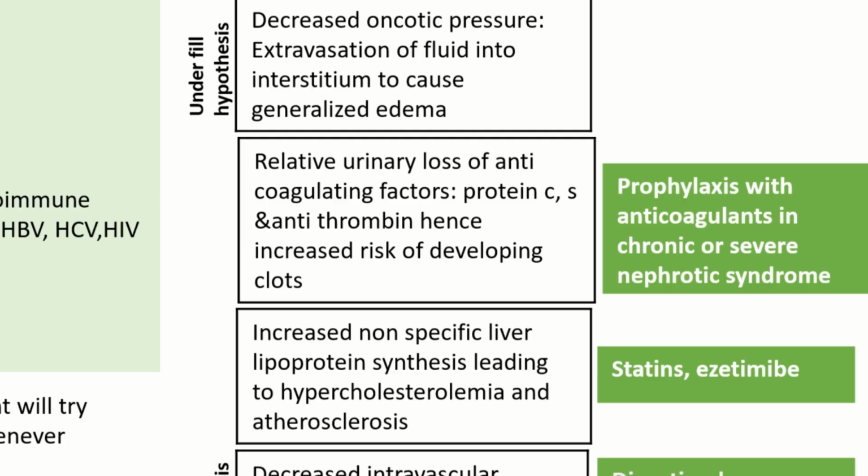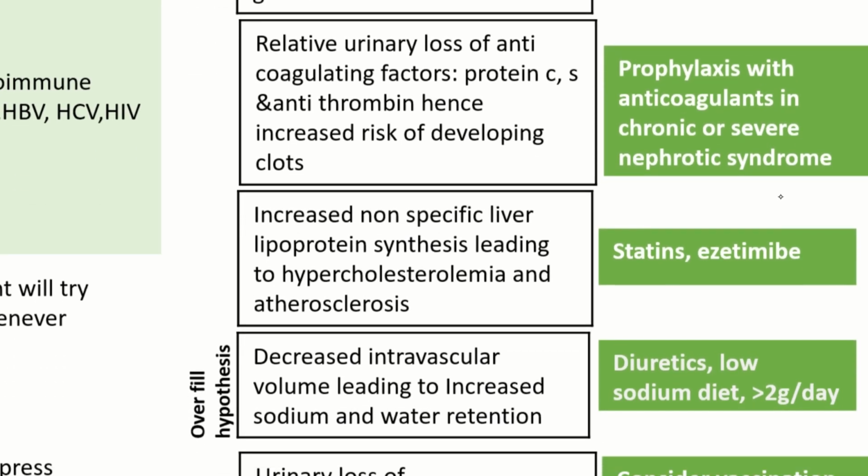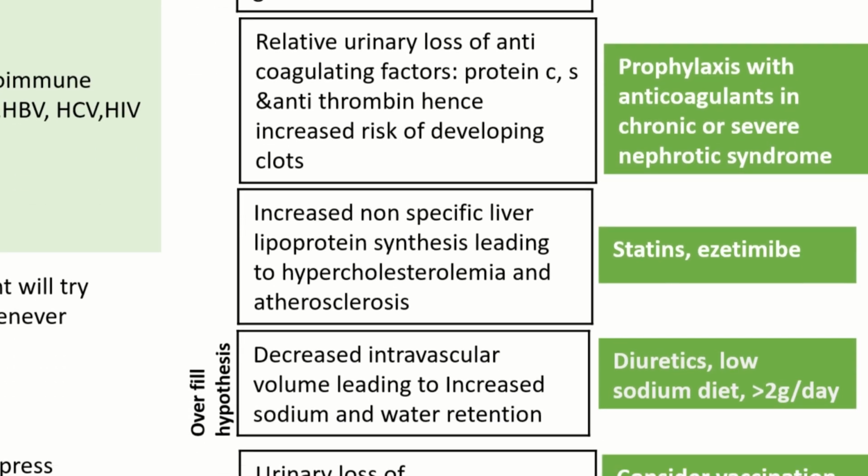But the half-life of the clotting factors in relation to the anti-clotting factors is very different. The clotting factors have a higher half-life. So as they are being lost in urine, they are also dying out on their own. But the anticoagulation factors have an even shorter half-life. So the more we lose them in the urine, we are also losing them to their own short lifespan.